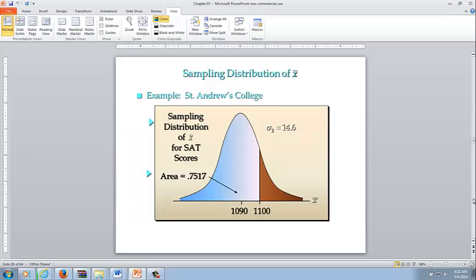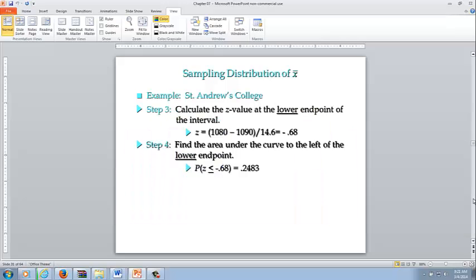Second, now look at the probability that the sample mean will be less than 1080. And again, you first convert it into a z-value, which in this case is minus 0.68. And in this case, the area to the left of minus 0.68 is 0.2483.